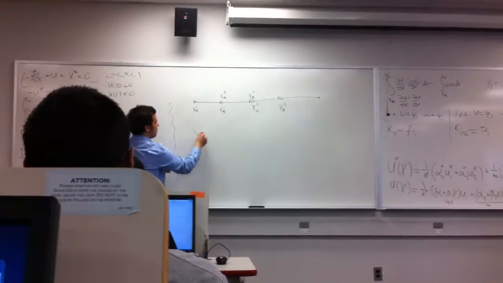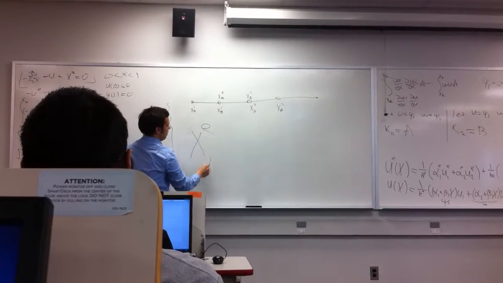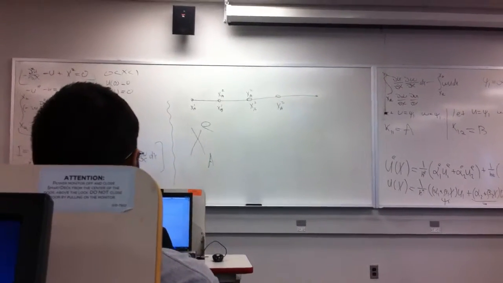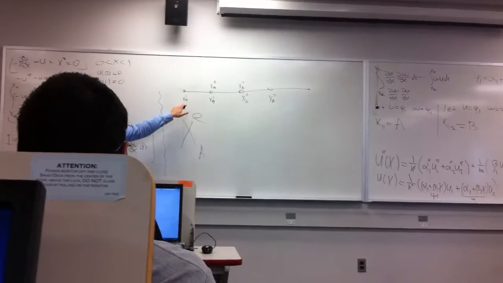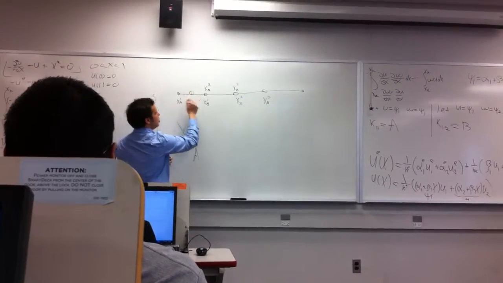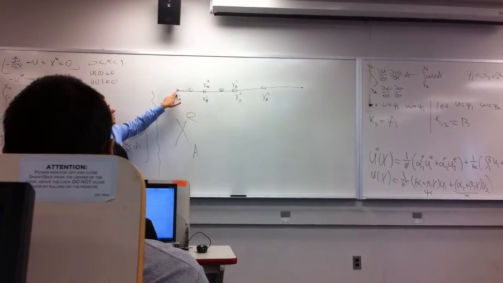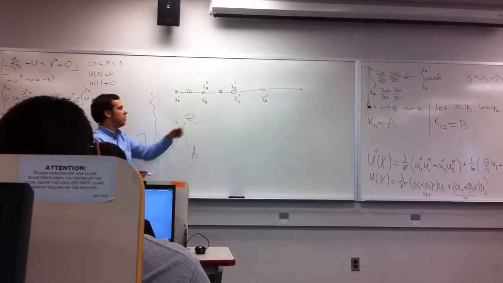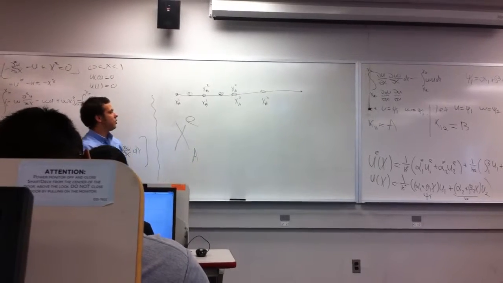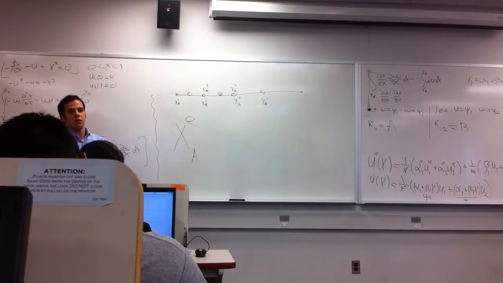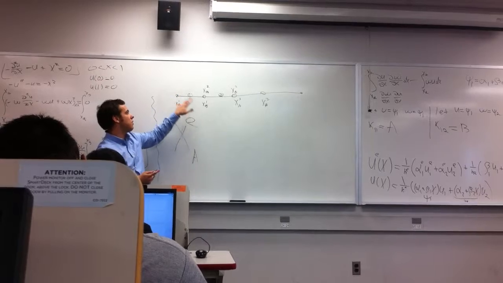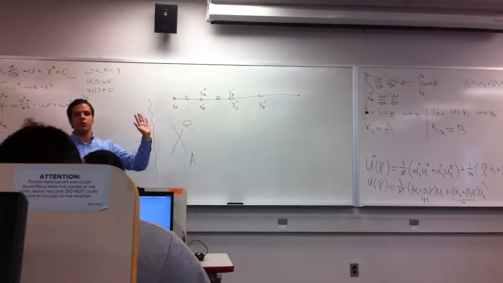For an X, I have a subscript and a superscript. The superscript indicates the element to which the value belongs. So this is element 1, so you've got X_A^1 and X_B^1. And the subscript represents which endpoint it is. A means 1, B means 2. Everybody is okay with this?